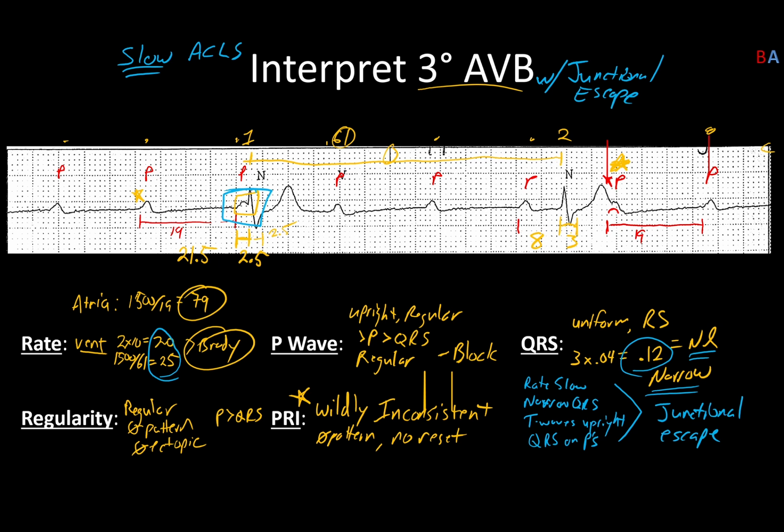She never went any slower than this, and she really wasn't terribly symptomatic as long as she didn't move. The second she tried to sit up in bed or move around, that was enough stress on her body that she just felt really crummy and her blood pressure would drop. But if she sat perfectly still, didn't do anything, we were able to ride it out and get things taken care of the next day. But there it is.